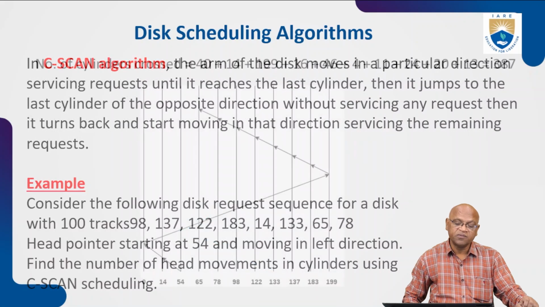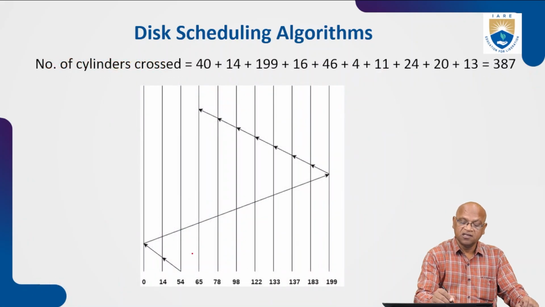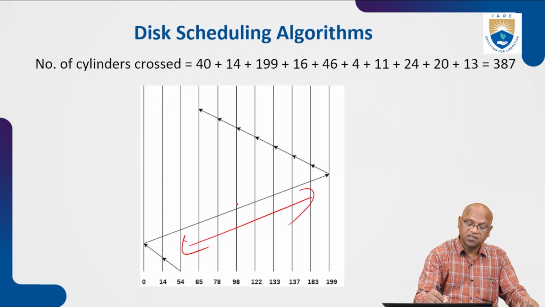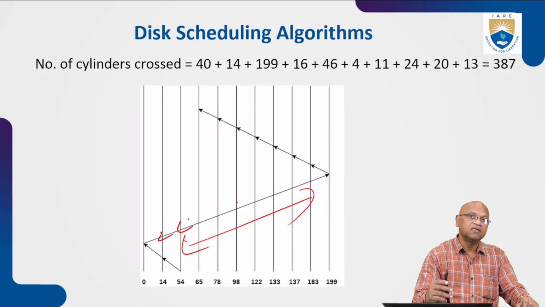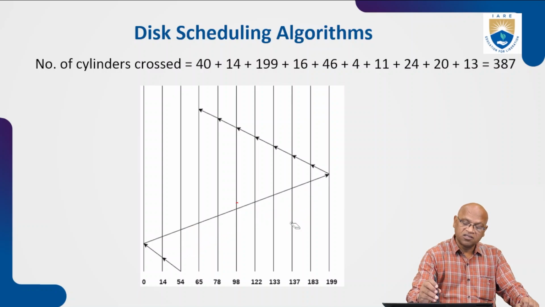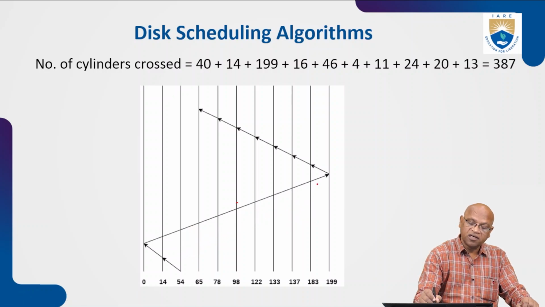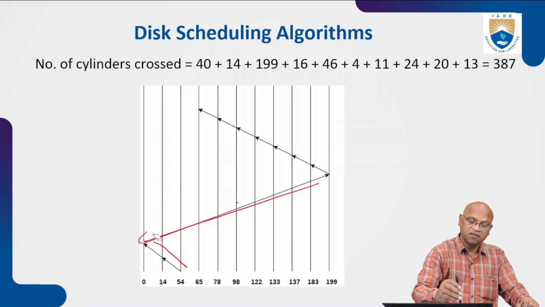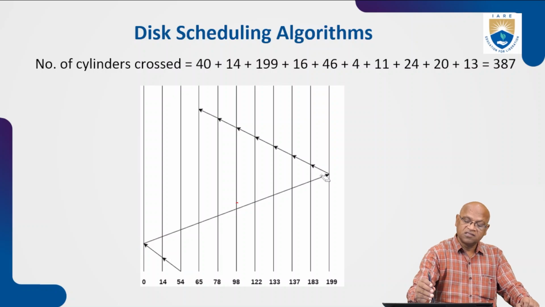So that is the only difference between scan and C-scan. It doesn't serve anything, it is blank. In C-scan it won't touch any cylinder in the reverse direction. It goes to the end, and from there it starts serving the tracks or cylinders. So that is the only difference between scan and C-scan.